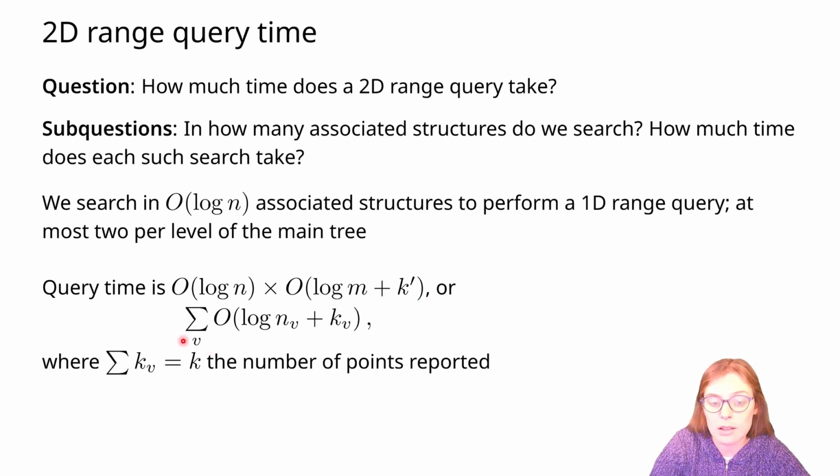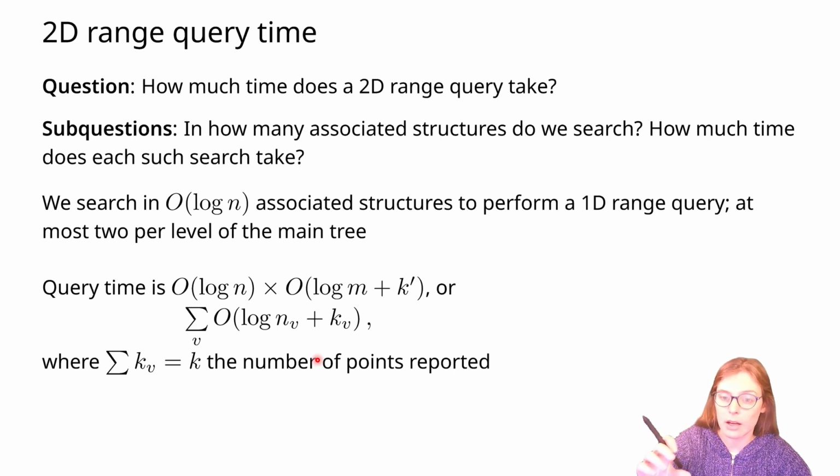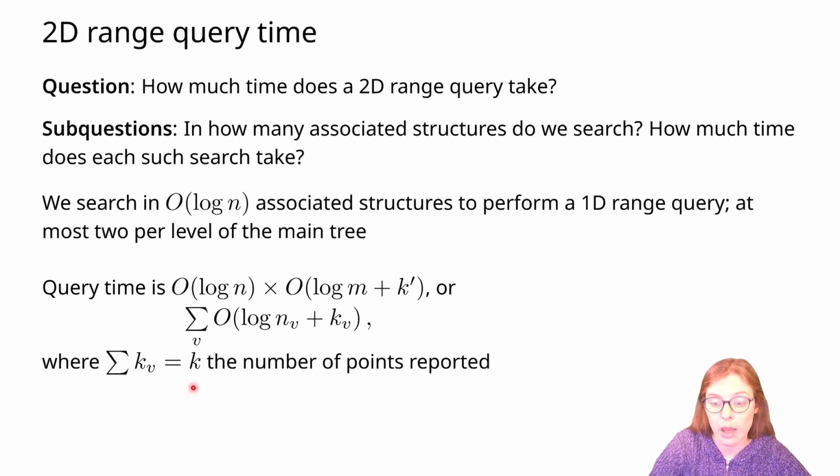Or we can rewrite this as a sum over all highest black nodes of big O of log n_v plus k_v, where n_v and k_v are the number of nodes and the number of points reported for the given black node. And all the k_v will add up to k, the number of points reported in total.